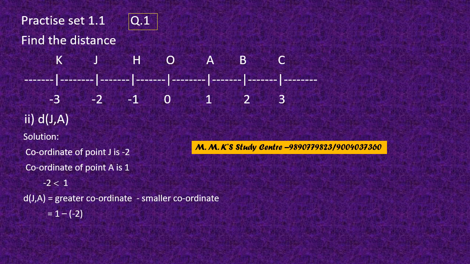According to the formula, we'll write 1 minus -2. So you will get minus minus plus, so 1 plus 2. 1 plus 2 you will get 3, and therefore the final statement is distance between J and A is 3 units. Whenever the unit is not given, we have to use the word units.